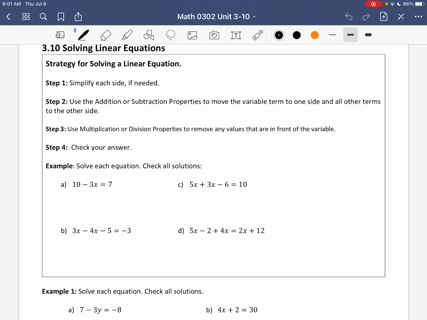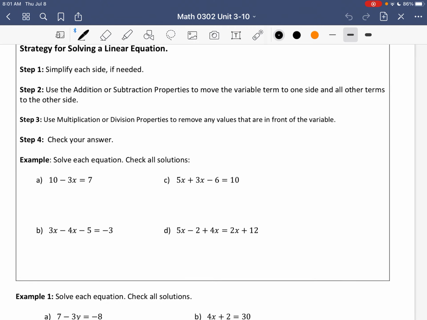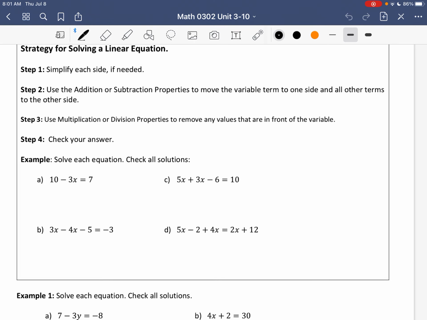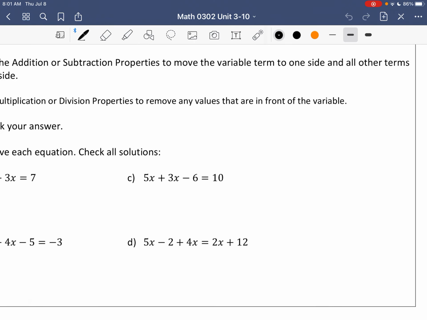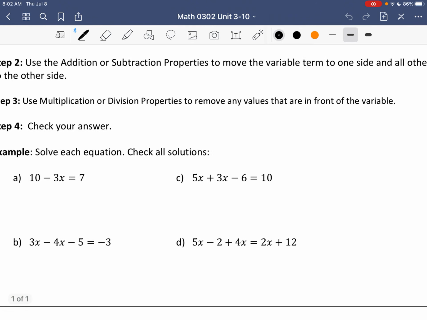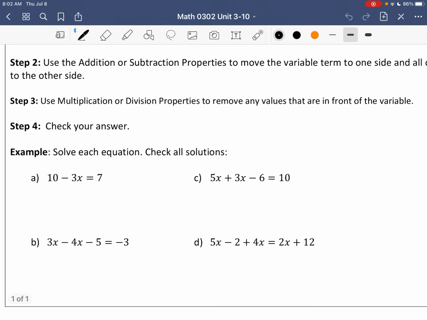Very quickly, why are we so focused on linear equations? Why are they called linear equations? Well, if you notice, wherever you see the variable x, it doesn't have an exponent, but in reality it does, and that exponent is 1. When the exponent is 1, that means the type of equation you have is a linear equation.